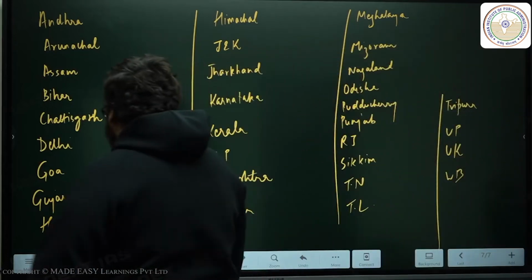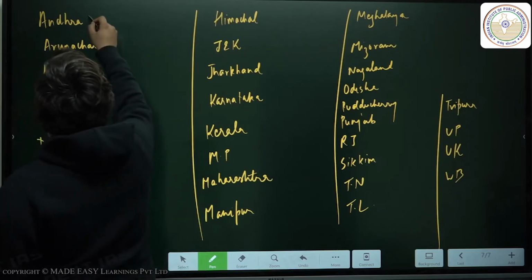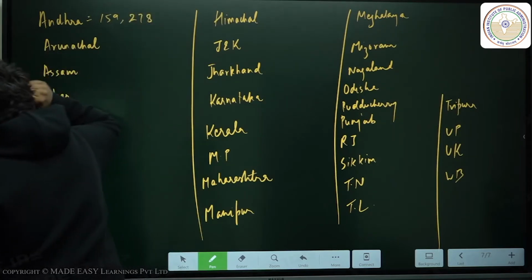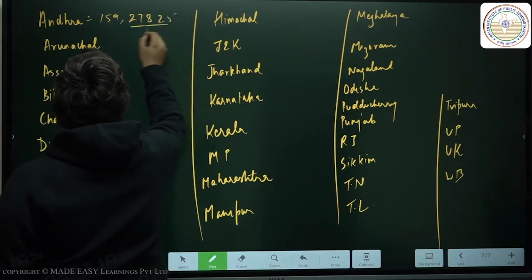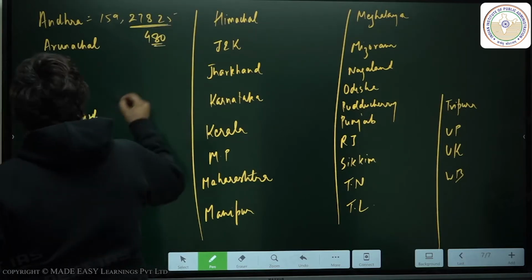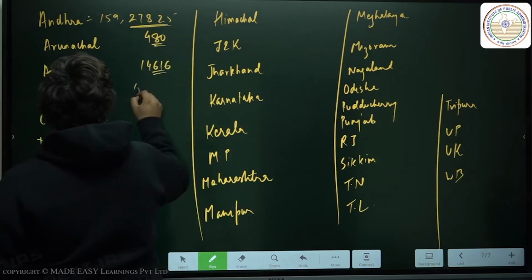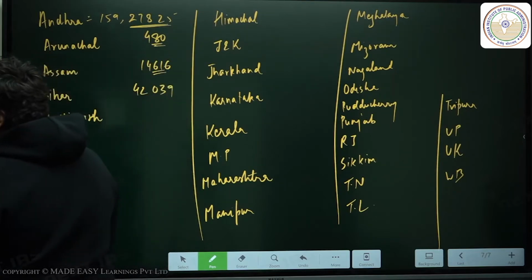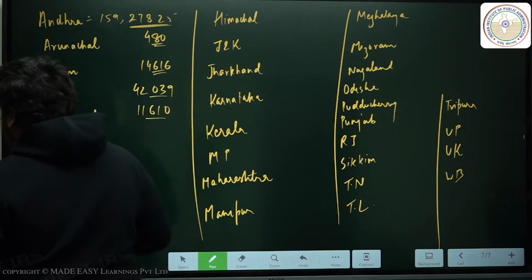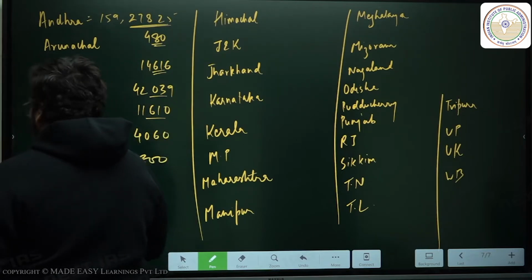So for example, Andhra Pradesh, which has 175 MLAs, their votes will be counted 159 times, and you will have 27,825 votes coming from Andhra Pradesh, 480 votes coming from Arunachal, 14,616 votes from Assam, okay, 42,039 votes from Bihar, 11,610 votes from Chhattisgarh, 4,060 votes from Delhi, 800 votes from Goa.